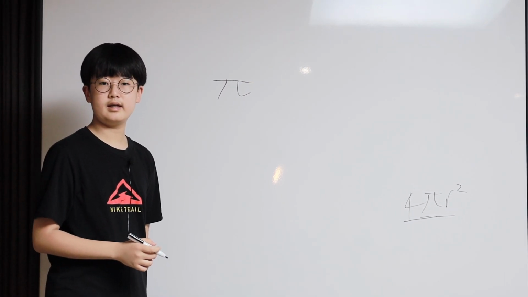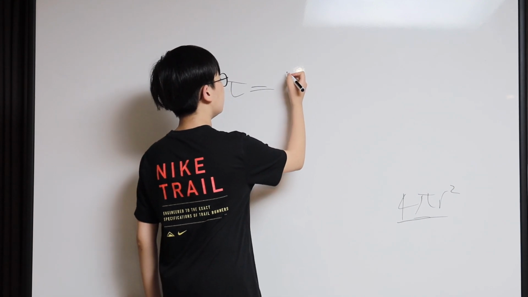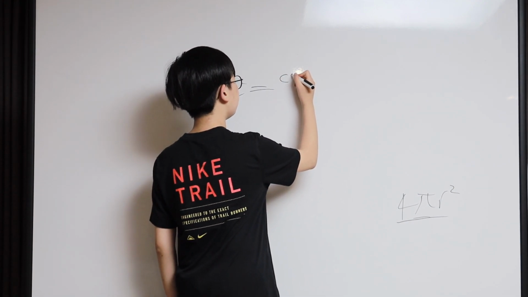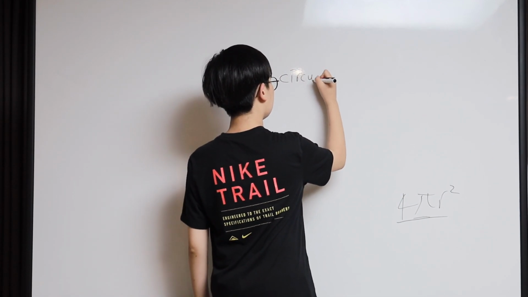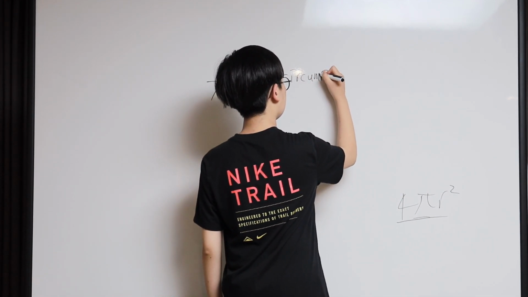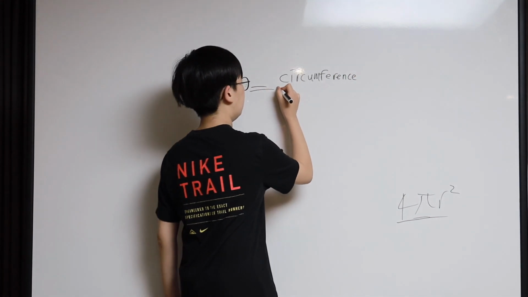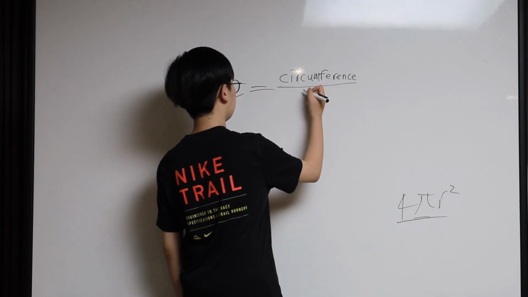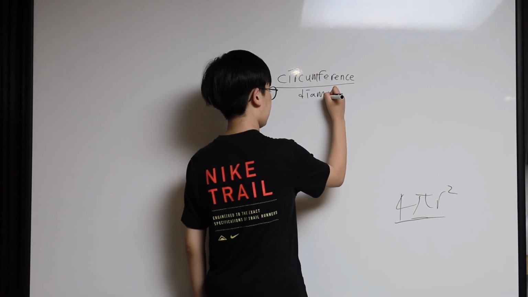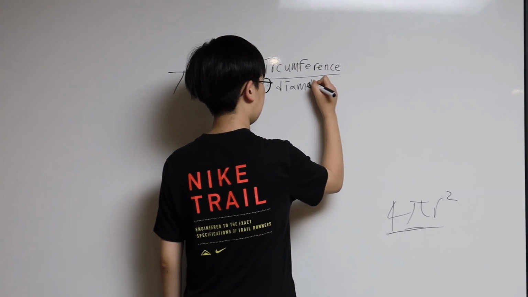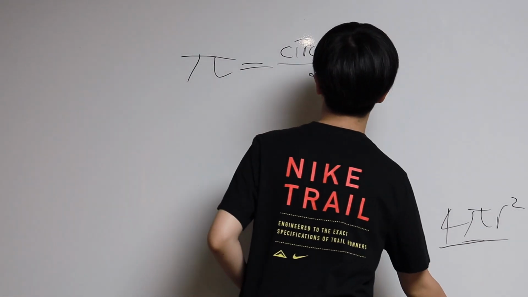Now pi is the circumference divided by diameter. I think I spelled it wrong.